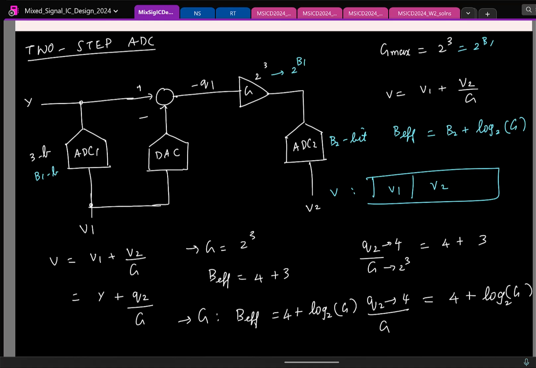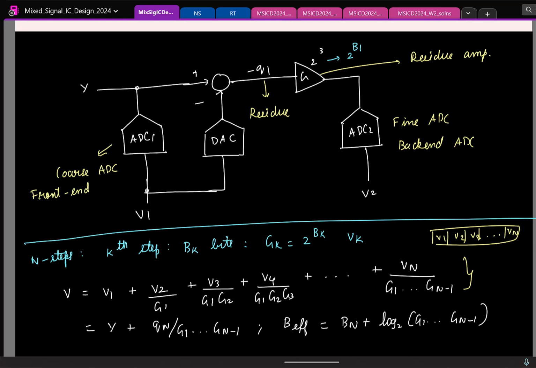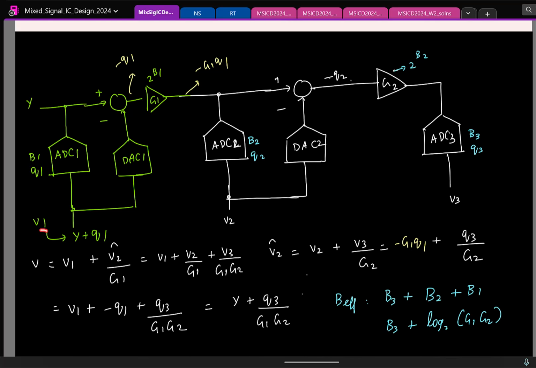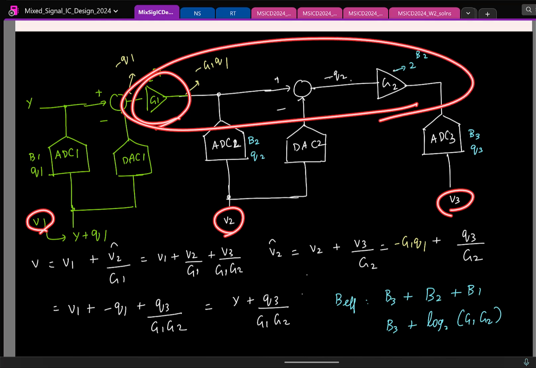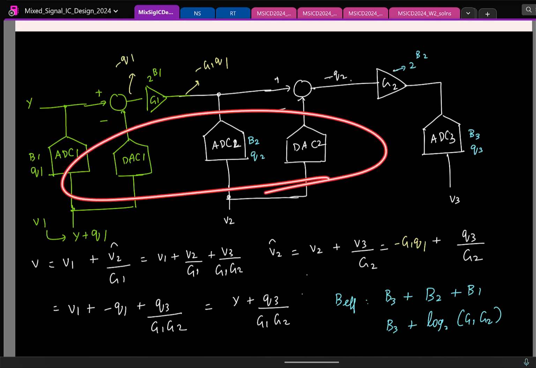We can generalize this for n stages also. When you do it for n stages, the way you reconstruct the output is as follows. First stage V1, V2 divided by G1, V3 divided by G1 G2, and you keep doing this. When you do this, the quantization noise from all the previous stages completely gets cancelled.